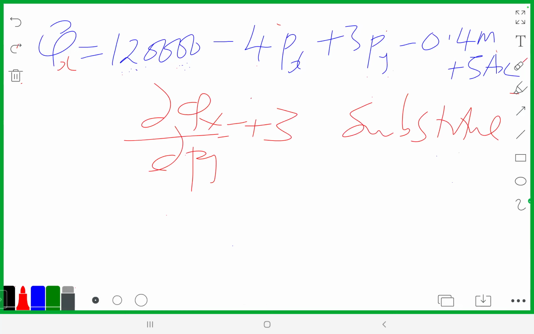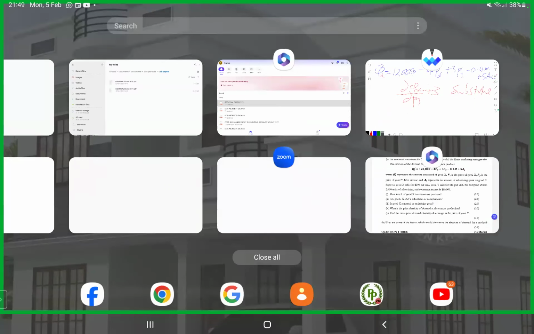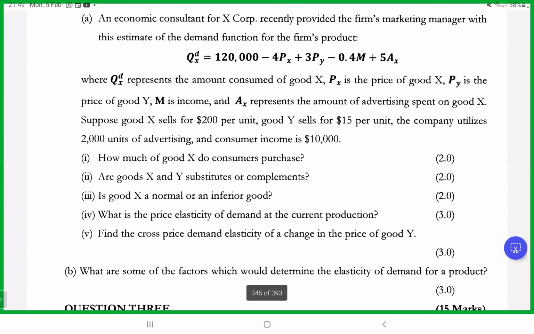That was our conclusion. Now we are dealing with a different question. Let me display it. That was question 2A2. Now we have question 2A3. It says, is good X a normal good or an inferior good? So it's a different question.